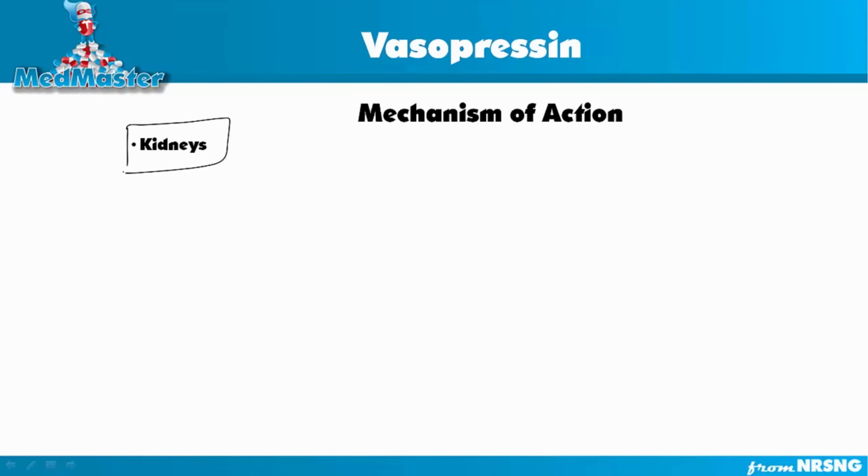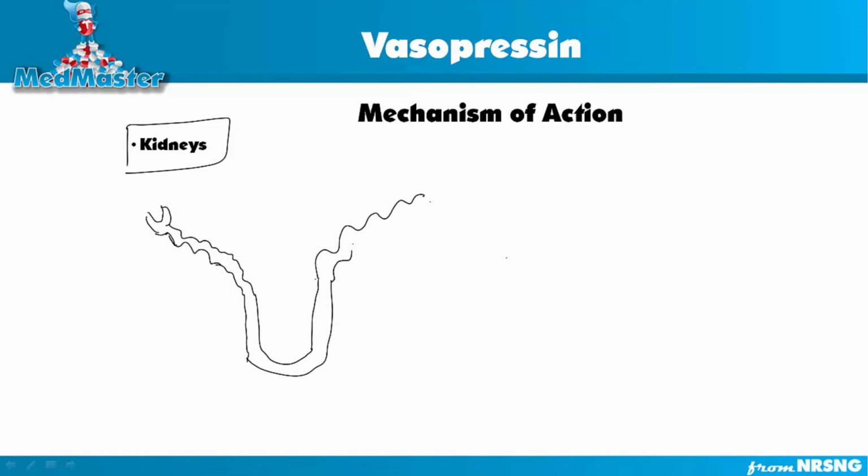So the main functional unit of the kidney is the nephron. And I'm not really great at drawing, but this is Bowman's capsule, and then you have the proximal convoluted tubules, that's the loop of Henle. Then you have the distal convoluted tubules, and you have here the collecting ducts.